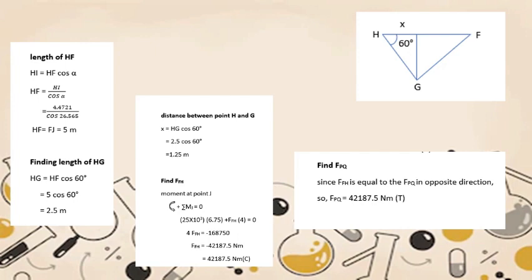After we obtain all of that, we can find the force of FH member by using the moment at point J, where the summation moment J is equal to 0.